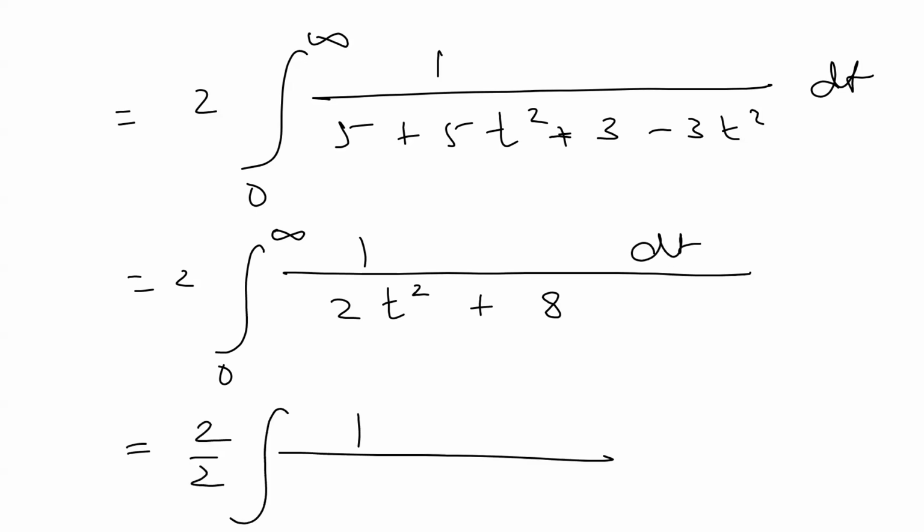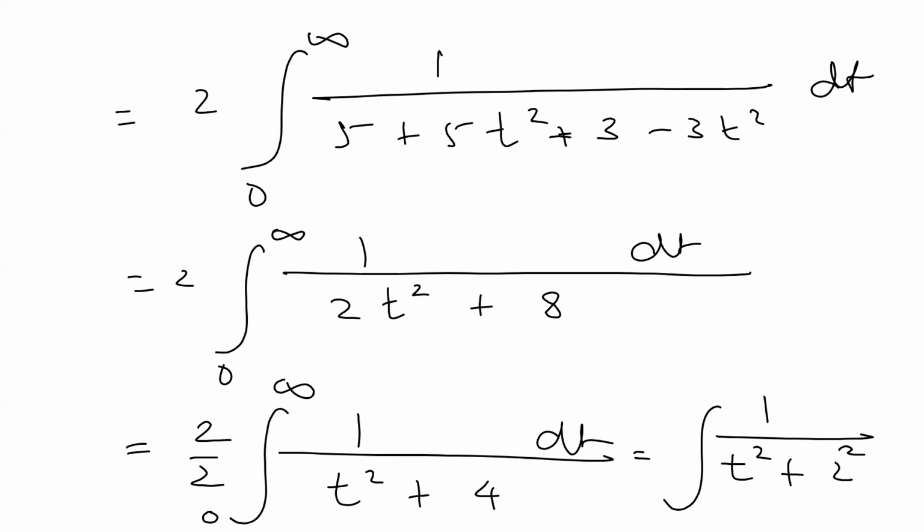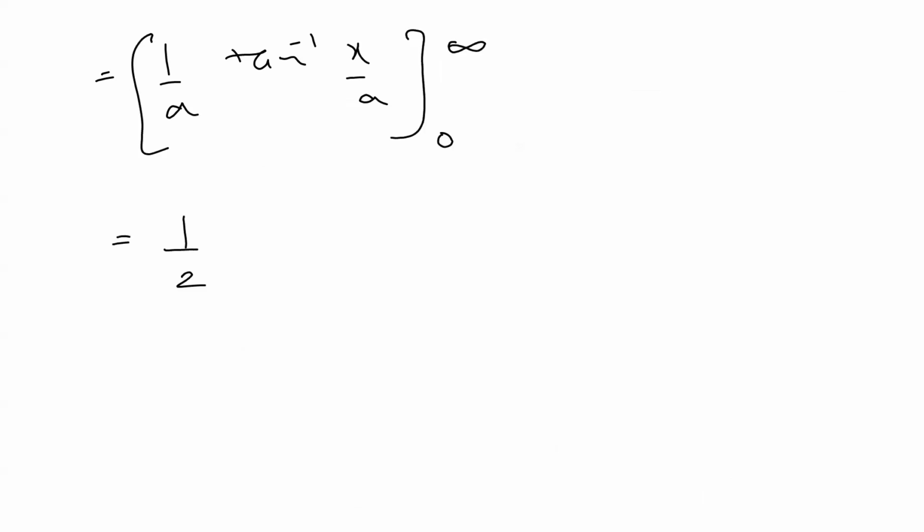Take 2 common. T square plus 4. So this is 1 upon t square plus 2 square dt. So that's 1 upon a tan inverse x by a, a is 2. X is t.